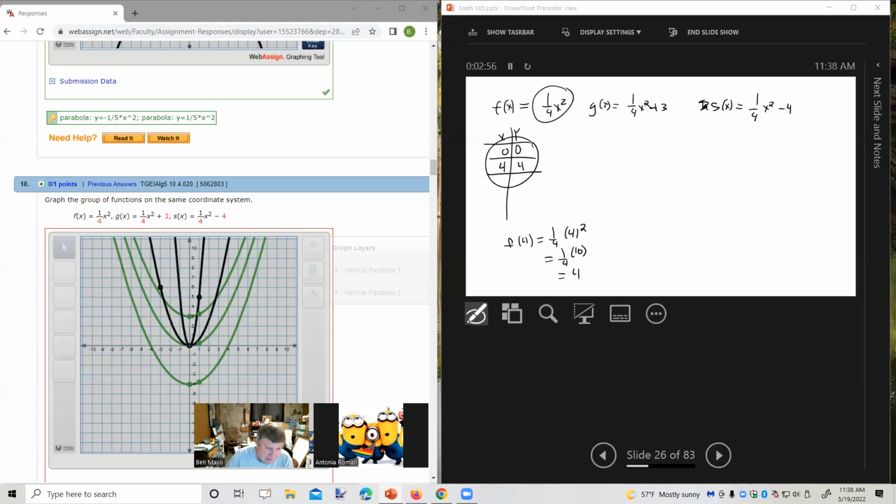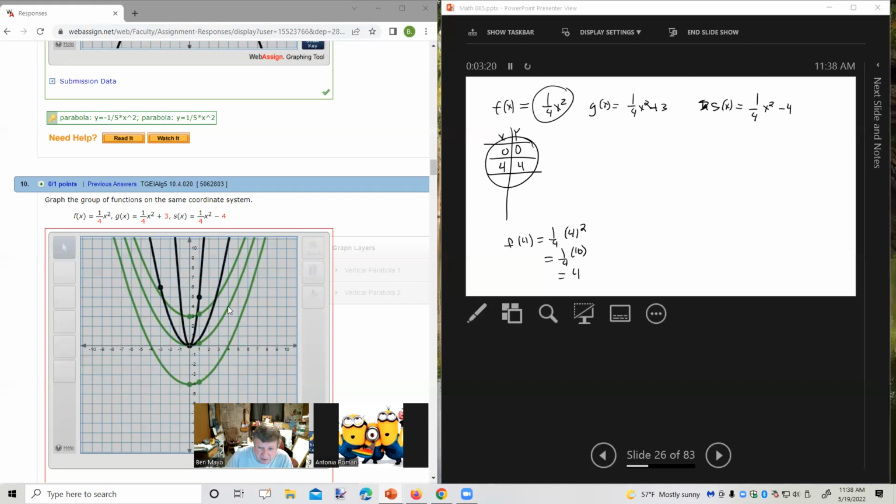So graphing those 2 points, can you see my mouse over on the graph? Yes. So you'd have 0, 0 here, and 4, 4 there. So it looks like your problem had to do with your calculations.